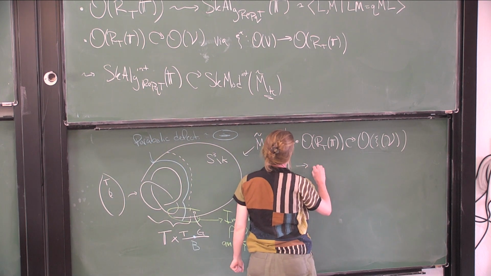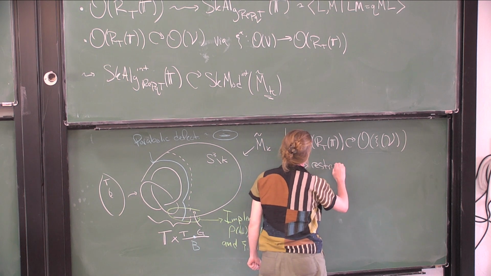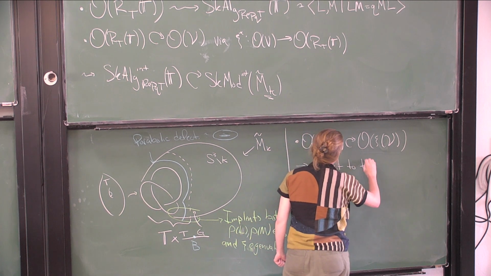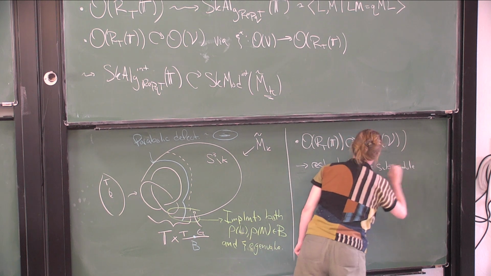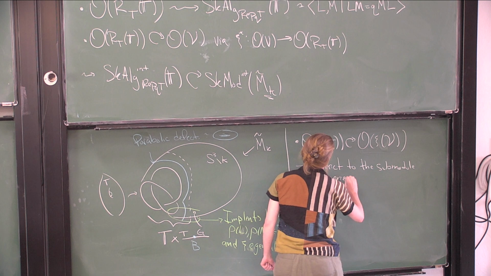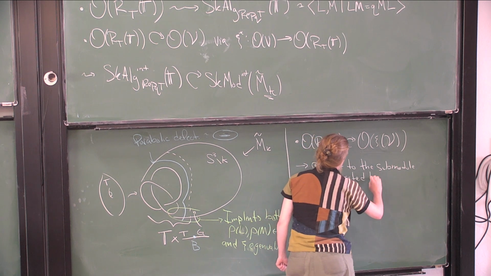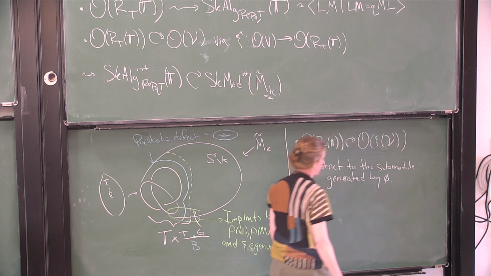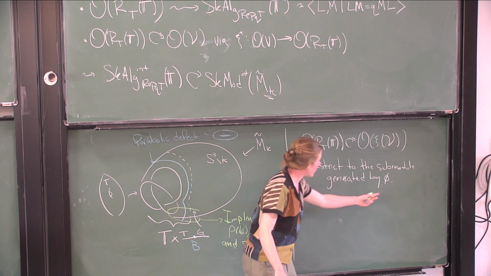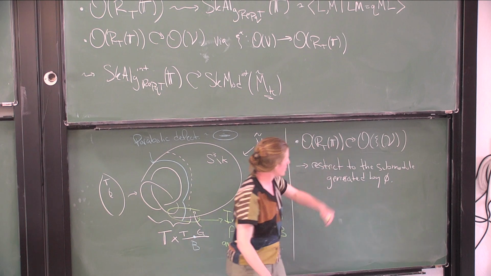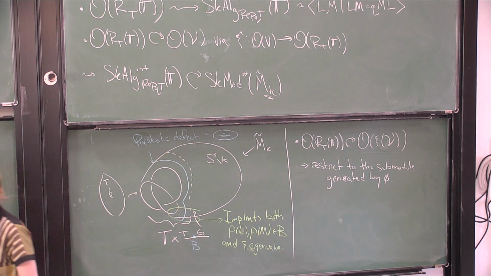And this is just restricting to the submodule generated by the entity. So somehow restricting to the submodule generated by the entity is restricting to the image of the map that I'm acting by.